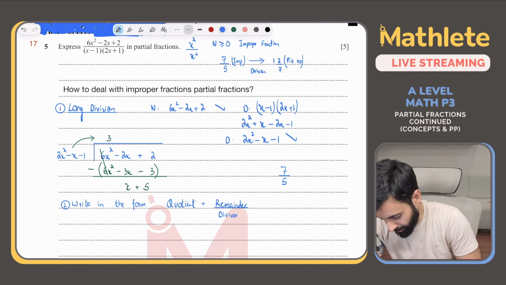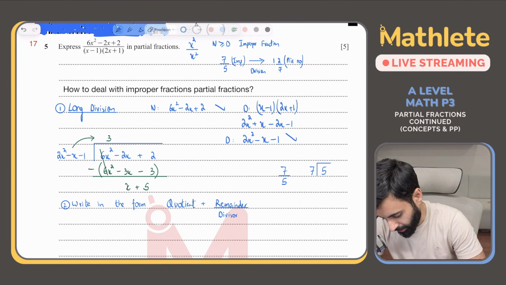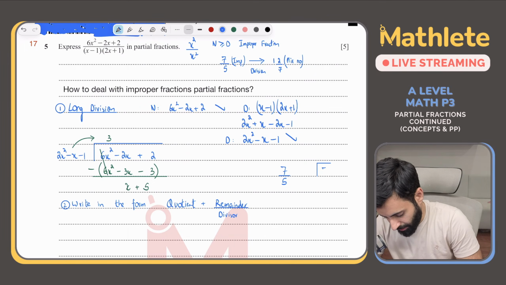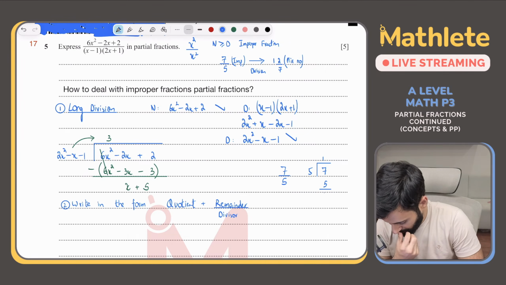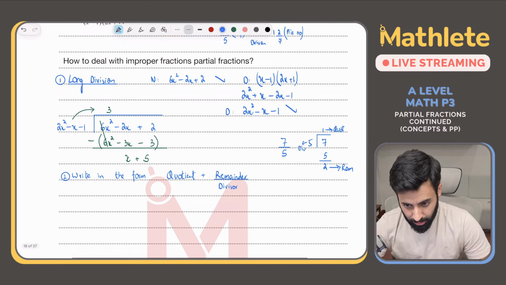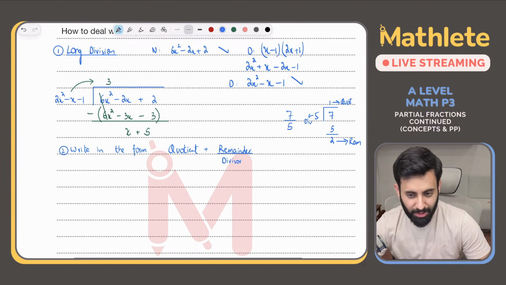If I want to express it in this form, I'll do 7 divided by 5. 5 ones are 5, and what's left is 2. So this is the remainder, this is the quotient, and this is the divisor. So we write it as quotient plus remainder over divisor.